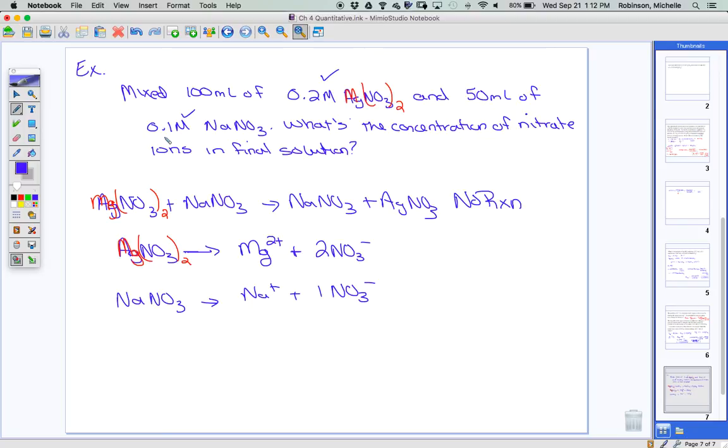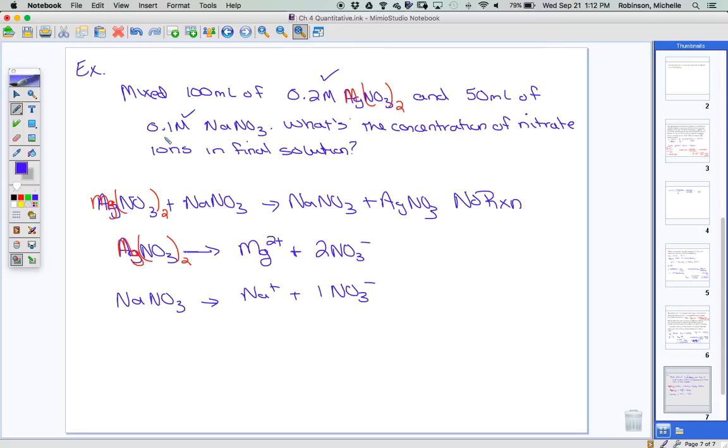If it was 10 molar, really dark red, and you mixed it with something that was 5 molar that was light red, would you get 15 molar? No, that doesn't make any sense, right? Because the dark red and the light red would make something in between, right? So you can't add concentrations, but you can add moles.